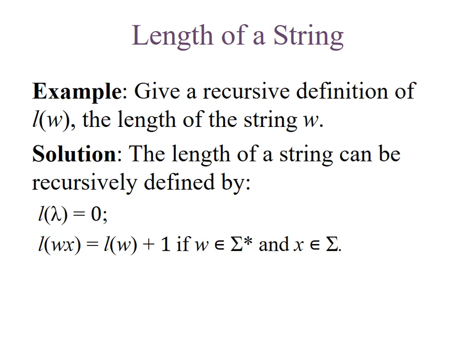Because for L, we can write it as an empty string lambda concatenated with the alphabet L. So once we consider lambda as the empty string W4 and L as the alphabet X4, then we can write it equals the length of lambda plus 4. And we know the length of lambda equals 0. So in the end, we can calculate that the length of the string love is 4 using this recursive definition.